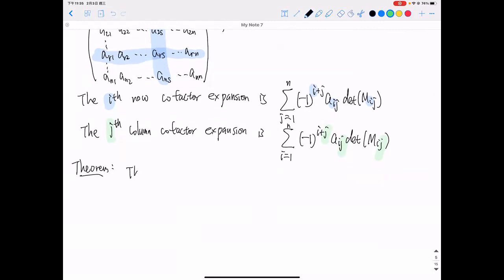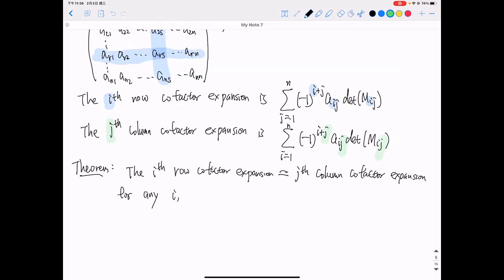Now it's an important but somewhat tedious to check fact that the ith row cofactor expansion is equal to the jth column cofactor expansion for any i and j.